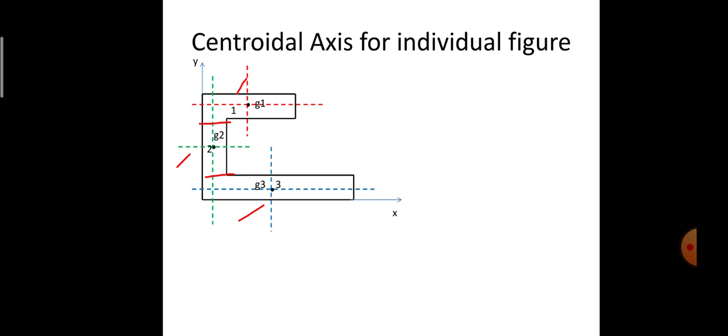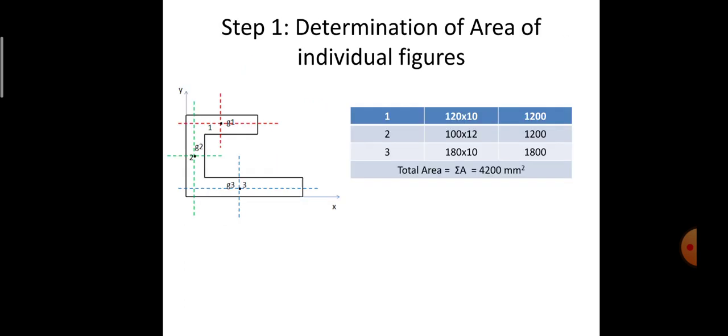Here you can observe that I have considered the three individual rectangles 1, 2 and 3, whose centroids are G1, G2 and G3. First and foremost, step 1 is to determine the area of the individual figures.